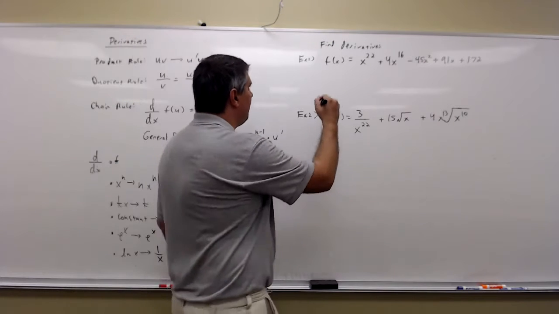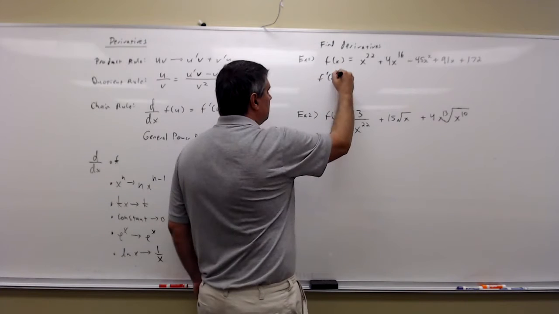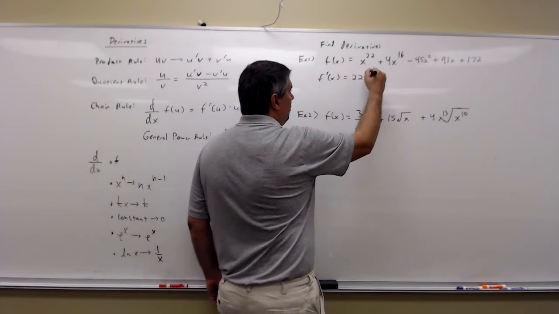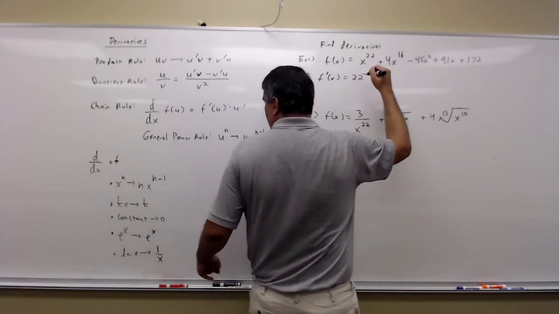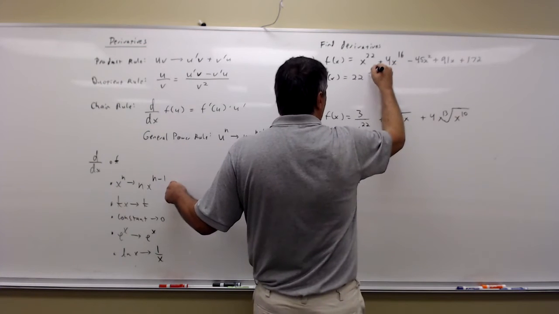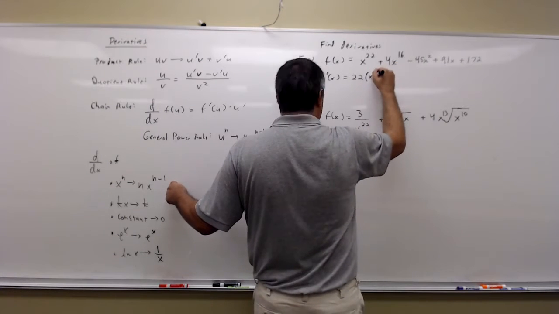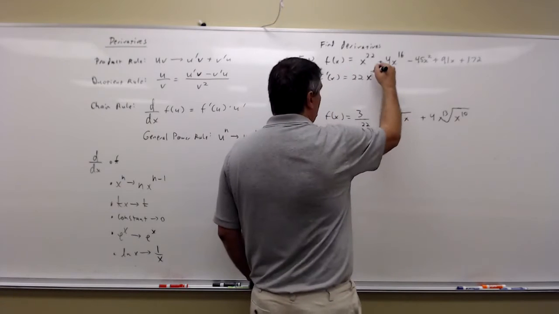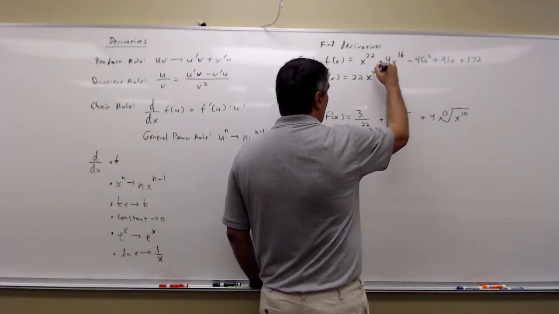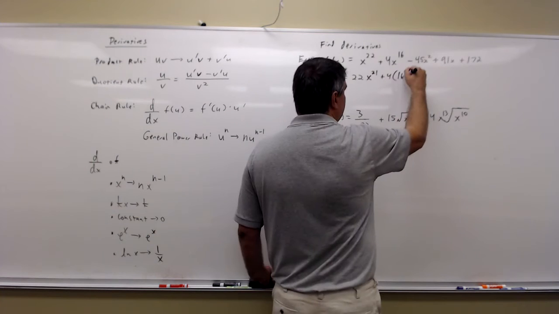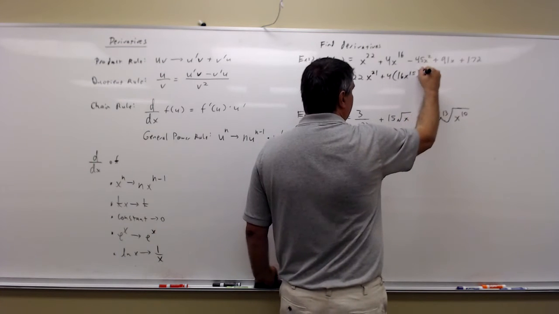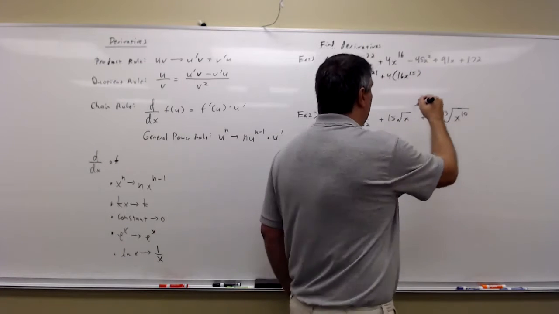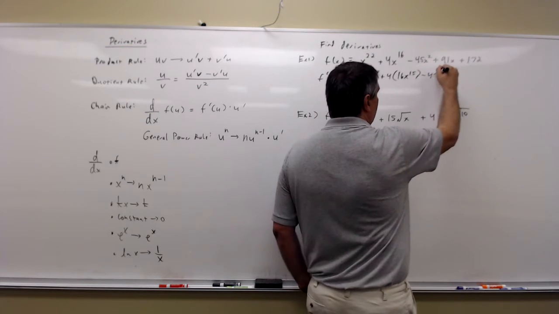So f prime of x, the derivative of this, will be 22. You bring the 22 to the front, following this rule here, and x will go down a power. So 21 plus 4. I will take the 16 to the front, I will have x to the 15th, go down a power, minus 45.